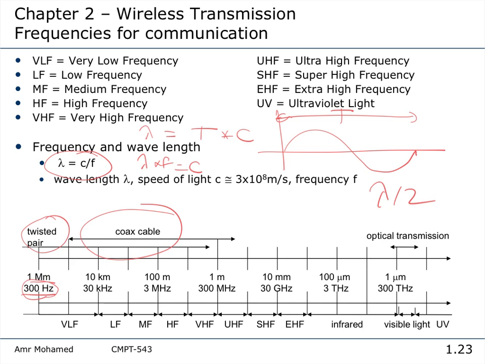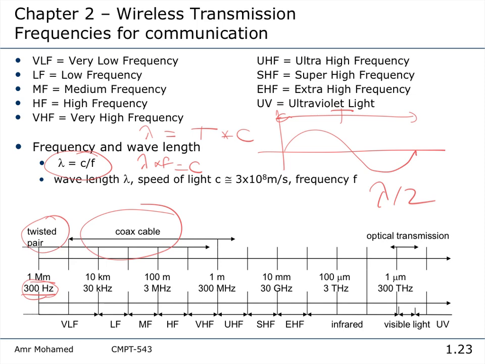So the more we increase the frequency, we start to lose the ability of penetration. They start to have a shorter range, right? And we start to have other physical properties that will affect the signal, like what? Like any small obstacle like this would cause reflections and refractions of the signal.